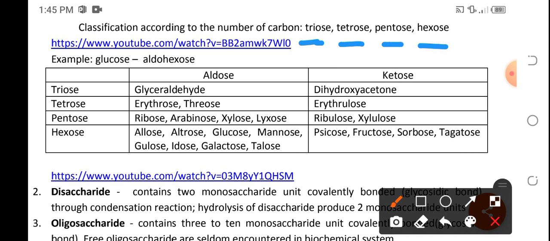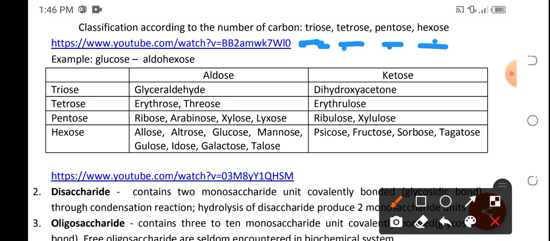Okay, so tri means 3, and the OSE is the suffix for all carbohydrates. So madali lang maalala kasi 3, tri, tetra, 4, pent is 5, and hex is 6. Okay.